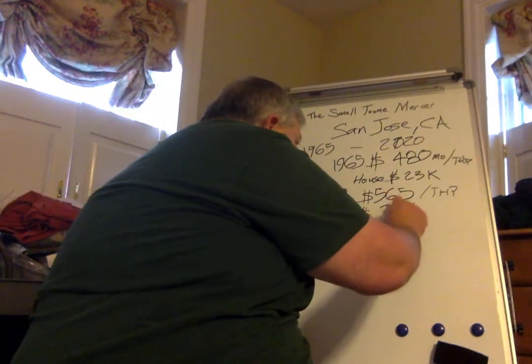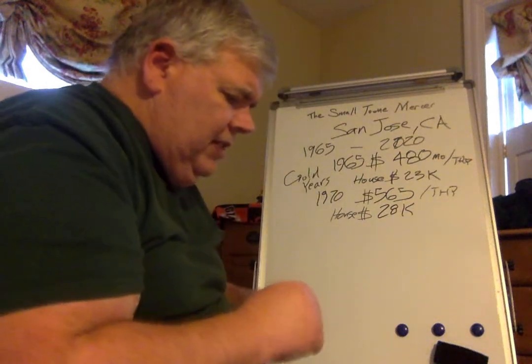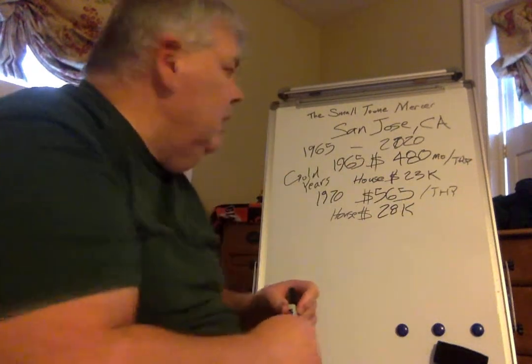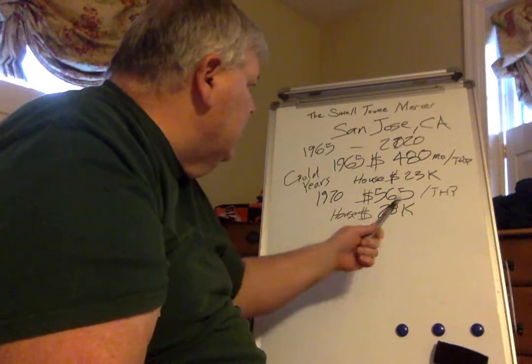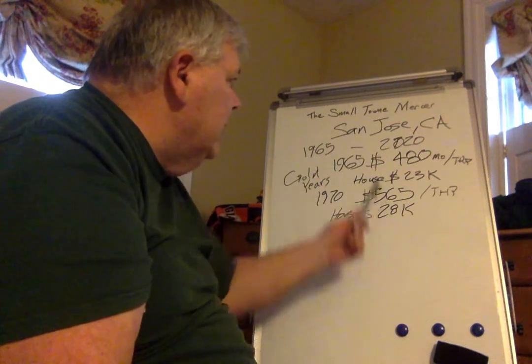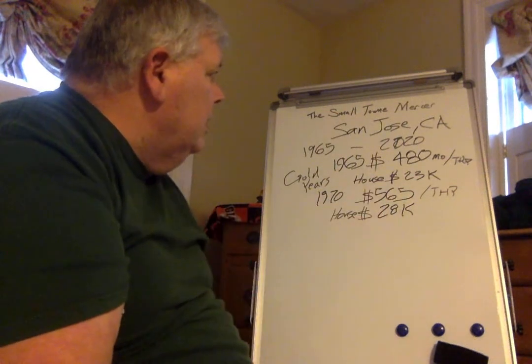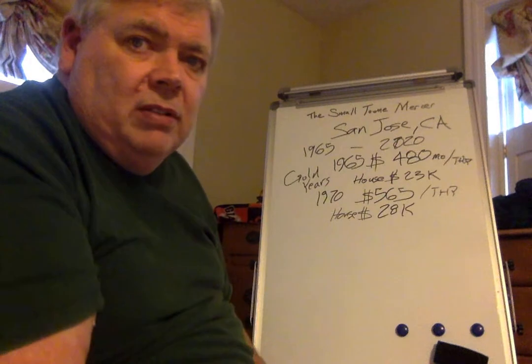And their house was only about 26 or 27,000 in 1970. But we're going to stick with these numbers: 28,000, 23,000. That's a rough estimate. That's not much of an increase. So you're talking about in 5 years, what is that? About an $85 increase.